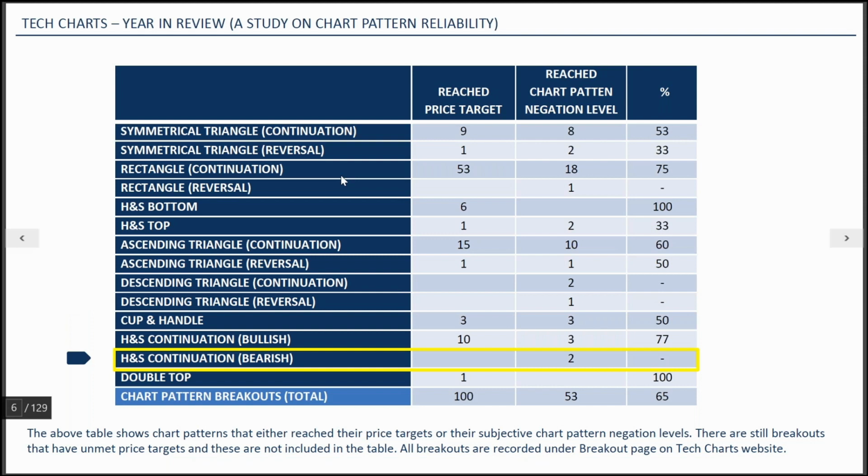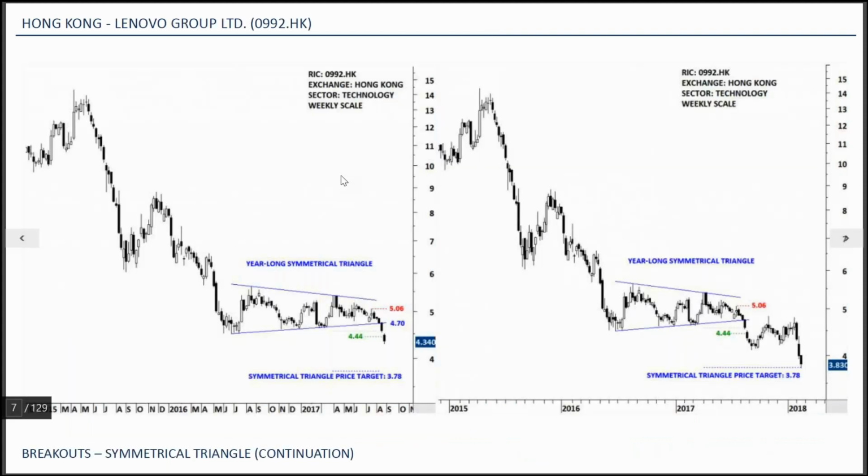Head and shoulder continuation, bearish in a downtrend, again, very few chart patterns developed during a strong, steady uptrend. Unless we dig deep, of course, we try to find some chart setups that are clearly bearish, that went completely against the global indices. There are few of those, and we tried to highlight those on the website.